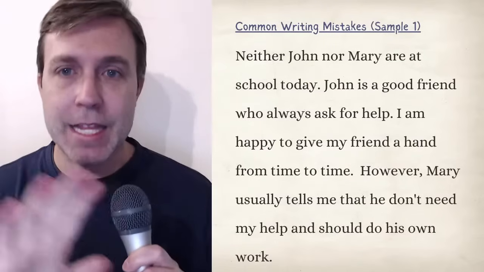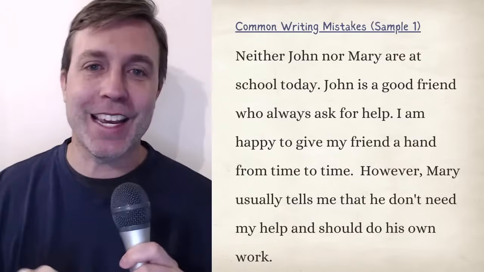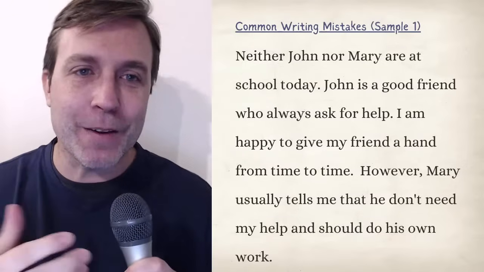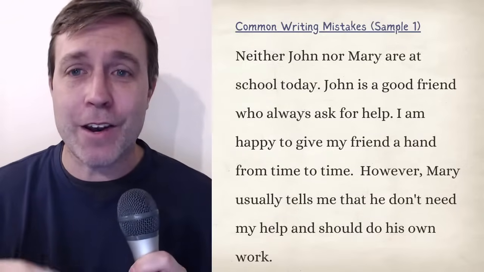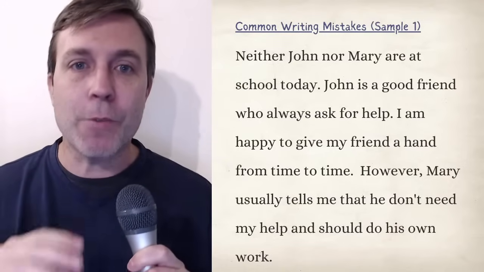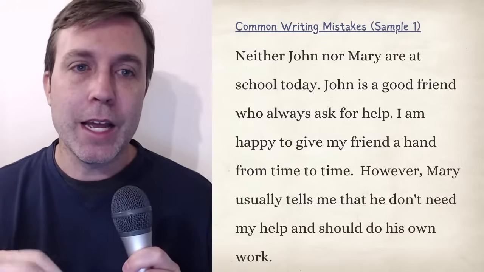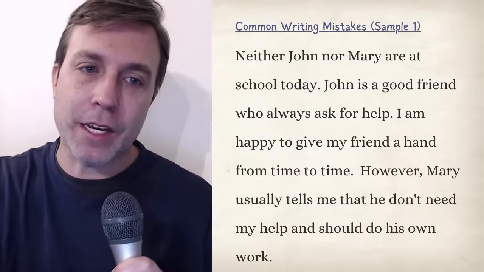So in these sentences right here, there are three mistakes. And I want you to think about what the mistakes are. All of these mistakes are similar, and they would fall under the same category, if you will. That's what I want you to think about.